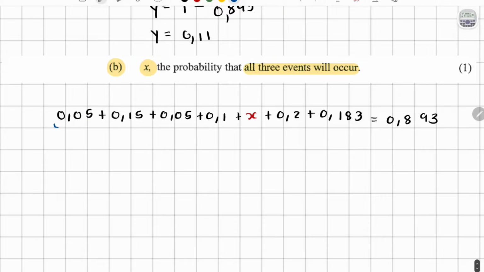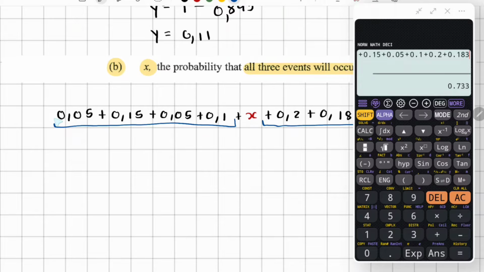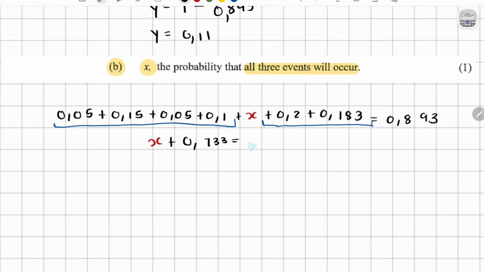So add all your numbers together. So I'm going to add all of this with all of this, and then say plus x. Or I'll really just start with x plus, and then all the numbers. And when I add up all the numbers that are underlined in blue, I get 0.733. So I'm just going to say x plus 0.733, that is equal to this number that we have, 0.893.